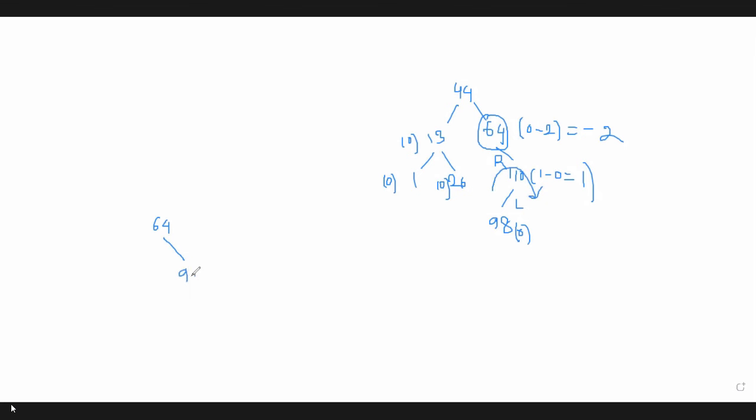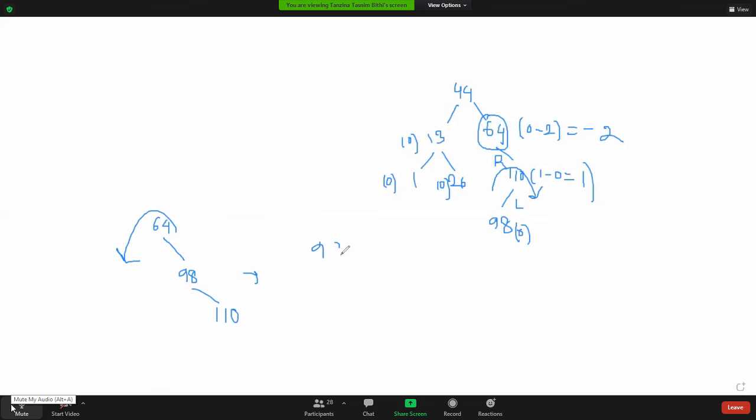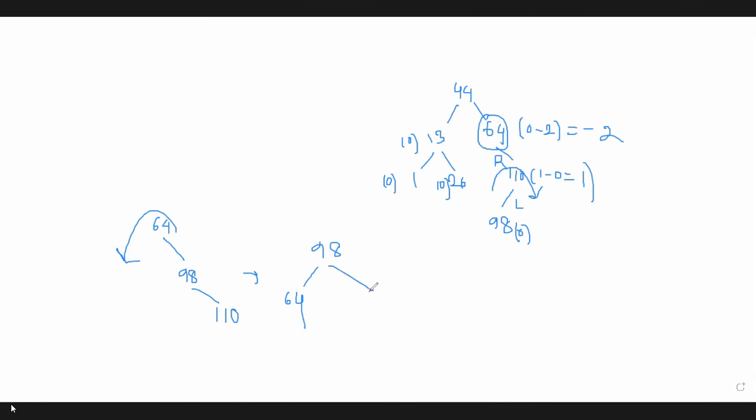Now 98 is the root node and 110 is the right child of 98. So this is a right skewed tree. We will apply left rotation. Left rotation means 64 will be moved to the left side and 98 will be the root node. So 64 is the left child of 98, and 110 is the right child of 98.